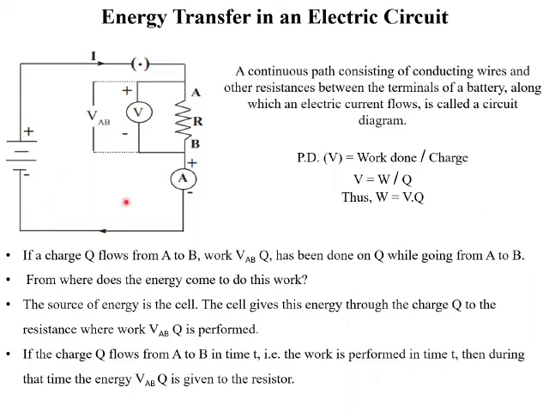In this process, work equal to VQ or VABQ is being done. So when the charge Q flows from point A to point B in time t, work equal to VQ is being done, and this work done is the energy that is produced.